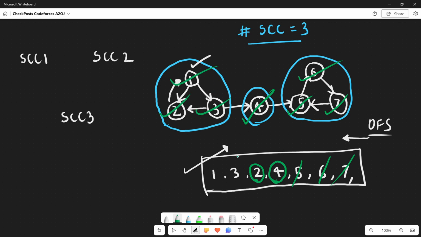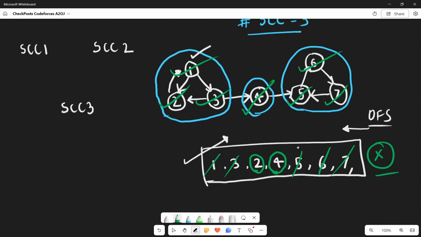So that is basically another connected component, and you'll skip 3 and 1 because they all are visited and your stack is over. So you will stop performing the DFS operations. Make sense? So that is basically the whole idea behind Kosaraju's algorithm.